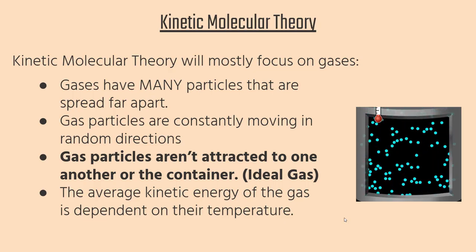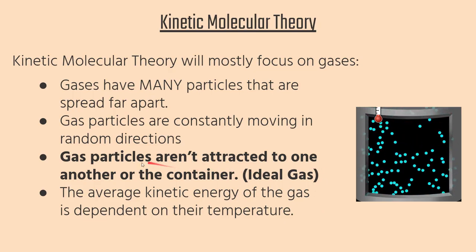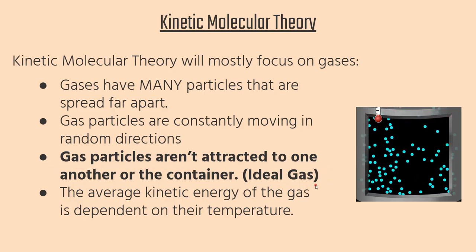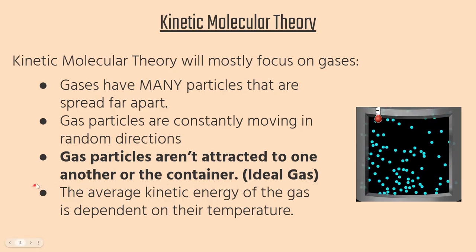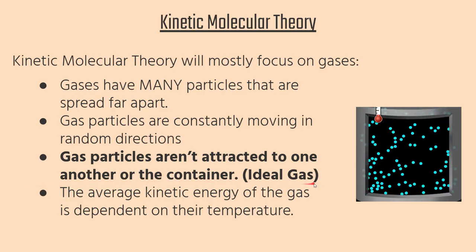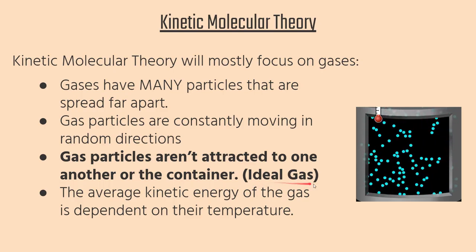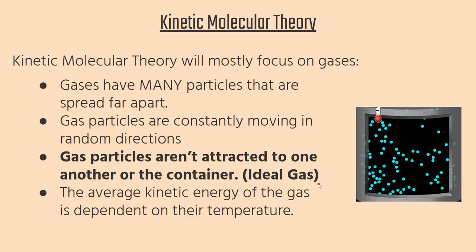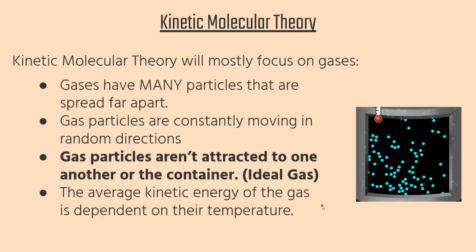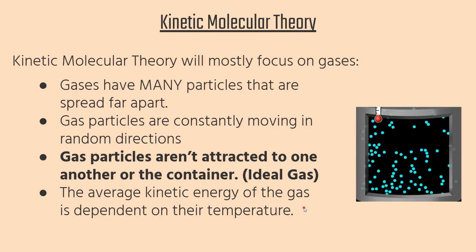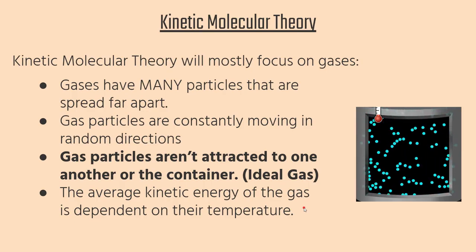And we'll assume the piece in bold here that gas particles aren't attracted to one another, so they're not attracted to other particles, and they're not attracted to the container itself. And we refer to this as an ideal gas, where there is no attraction between particles. We're also going to assume that the average kinetic energy of the gas is dependent on those particles' temperature. We'll talk more about that in a later slide.